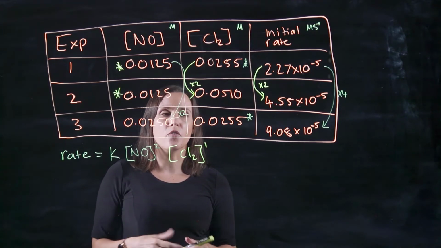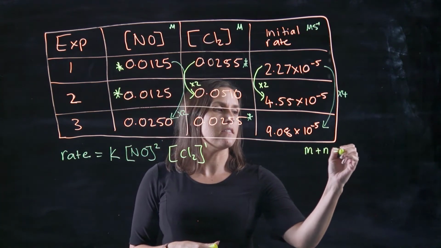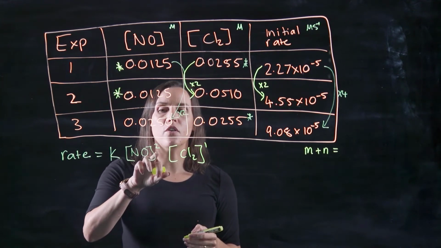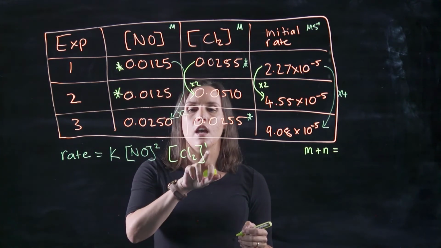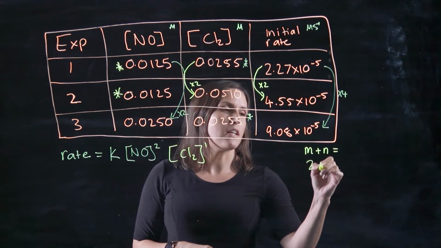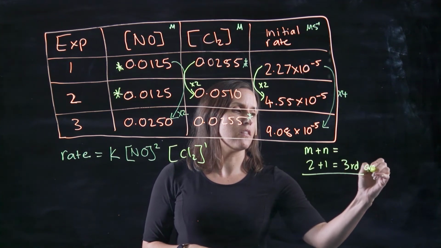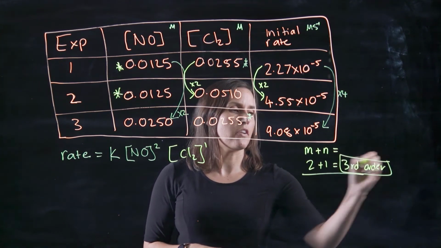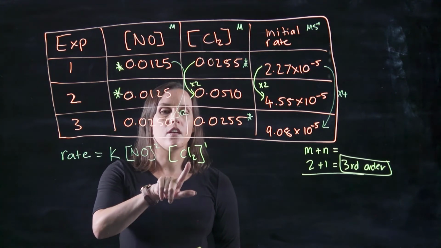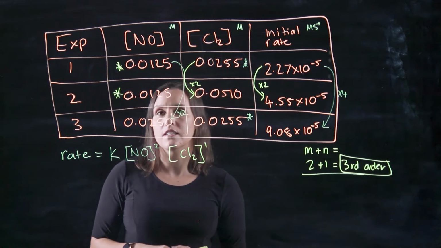To work out the overall rate order, it's the M plus the N. The order of your first one would be your M, and the order of your second one would be your N. So it'll be 2 plus 1. So overall, it'll be third order for the reaction. Second order with respect to NO, first order with respect to Cl2, and overall the reaction is considered third order.